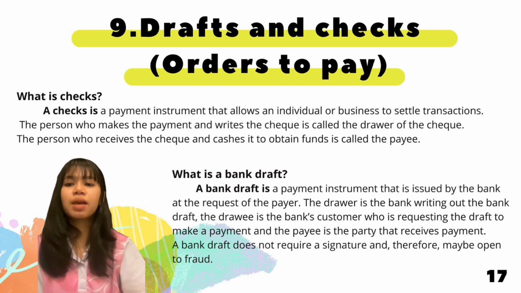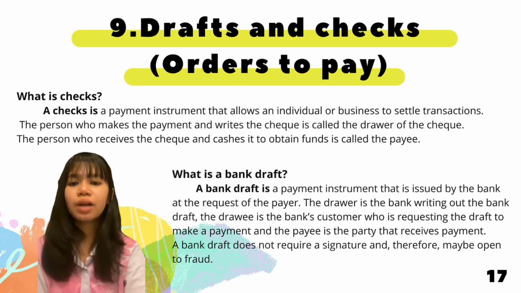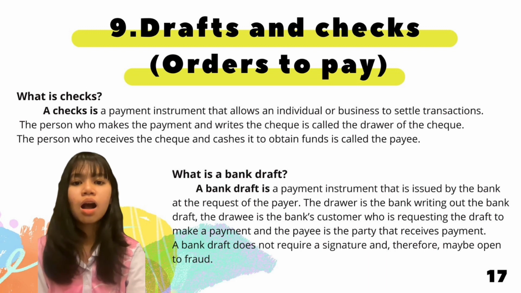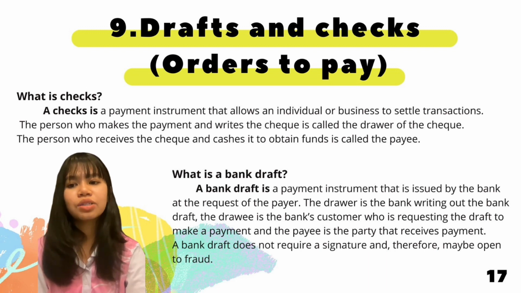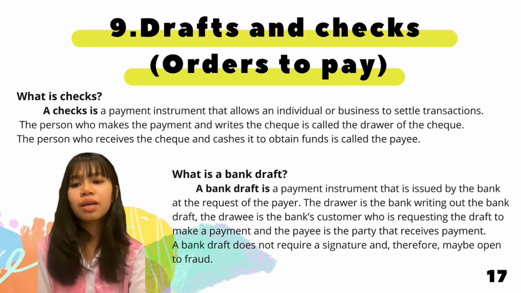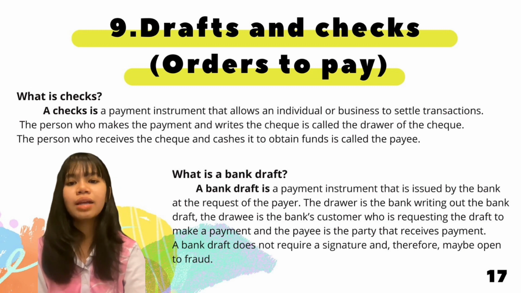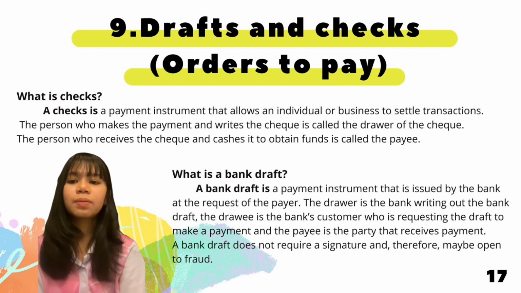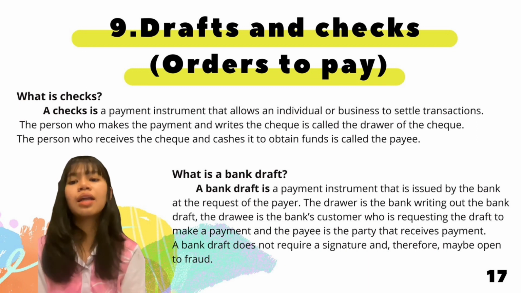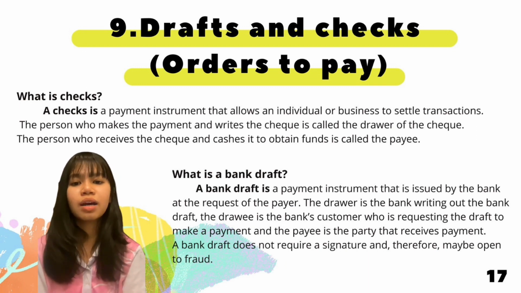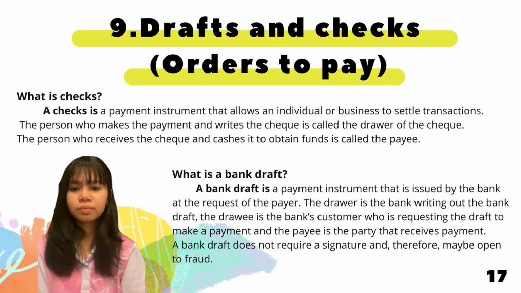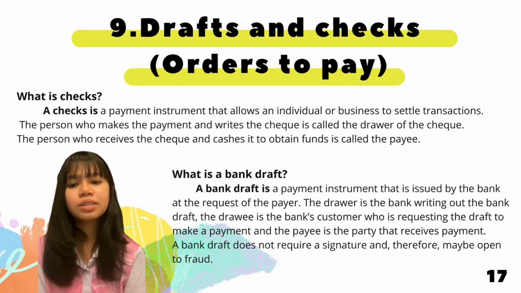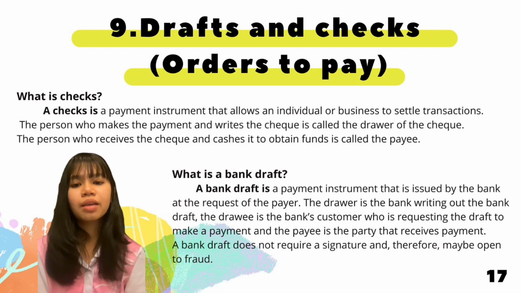A check is a payment instrument that allows an individual or business to settle a transaction. The person who makes the payment and writes the check is called the drawer of the check. The person who receives the check and cashes it to obtain funds is called the payee. A bank draft is a payment instrument that is issued by the bank at the request of the payer.